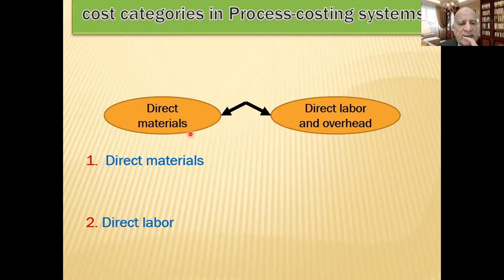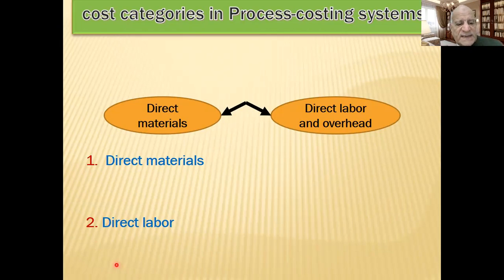As for the direct materials, they are usually added at the beginning of the production process or at the start of work in a subsequent department down the assembly line.